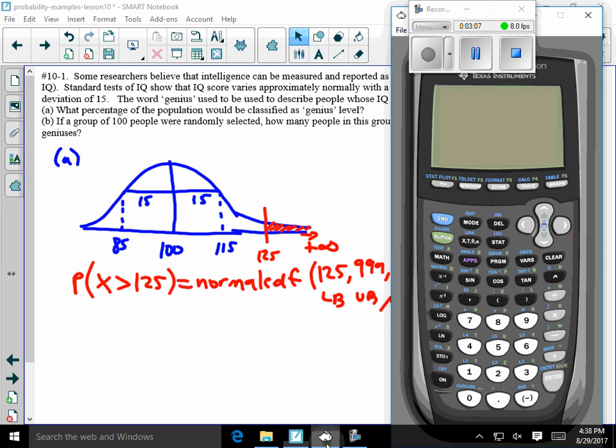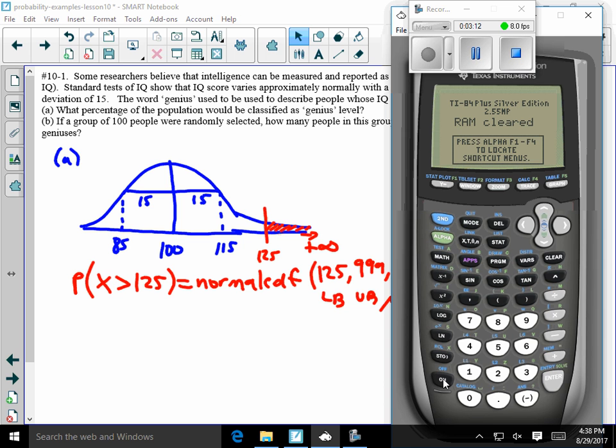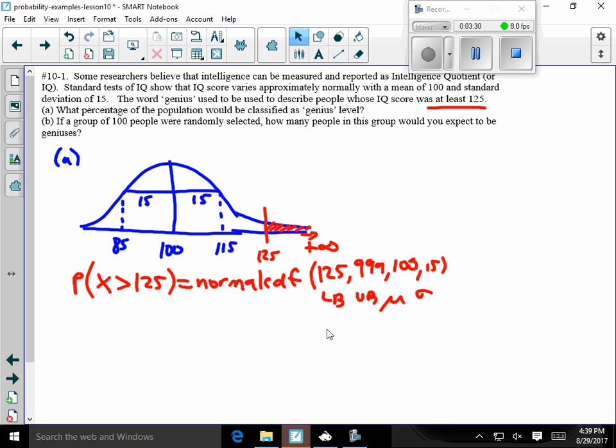And that we can use the TI-84 or 85 to calculate. If I go to the distributions submenu, second variables, the second item down is normal CDF. We'll set the lower bound to be 125, the upper bound to be something representing infinity, with a mean of 100 and a standard deviation of 15. And that turns out to be 0.04778 approximately.